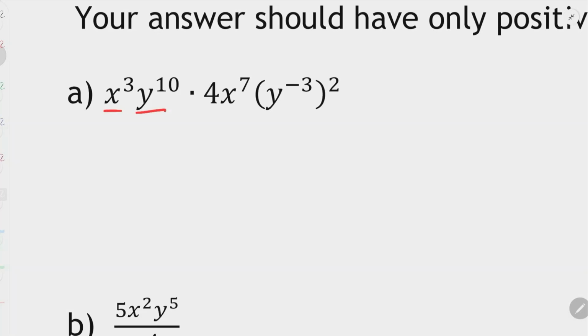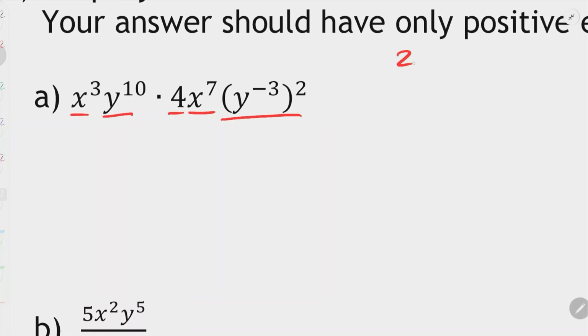This is being multiplied by 4, it's being multiplied by x to the 7th, and it's being multiplied by y to the negative 3rd raised to the positive 2nd power. Because it's multiplication, the commutative property of multiplication assures me that I can rearrange the order and I don't get a different answer.